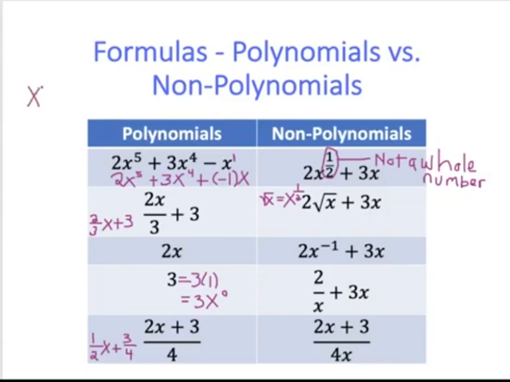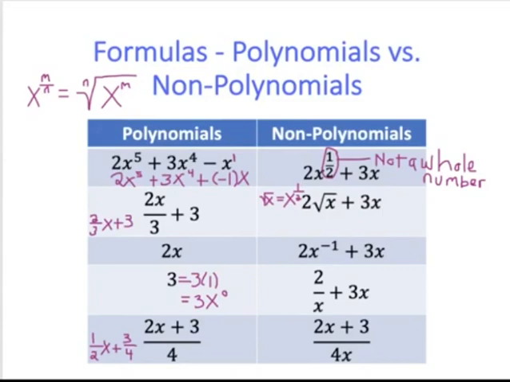If I have x to the m over n, that equals the nth root of x to the m. Okay, and for the square root, n is 2, and then the 1 is the power of x that you have there.